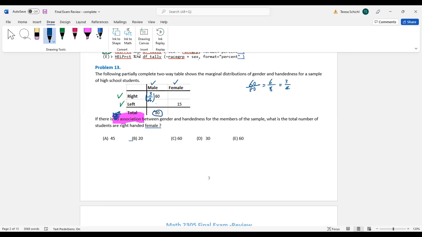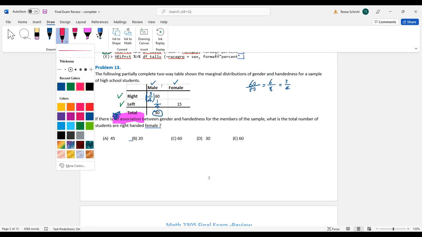And because we are doing the marginal for the gender, if this is 3/4, then the remaining here is what? This will be 1/4, because this is a marginal. So when you add them together, it should be 100%. Okay, so now let's take a look at the females here.